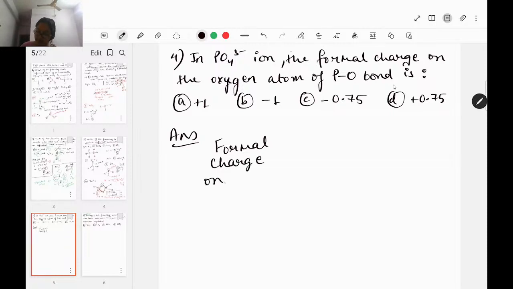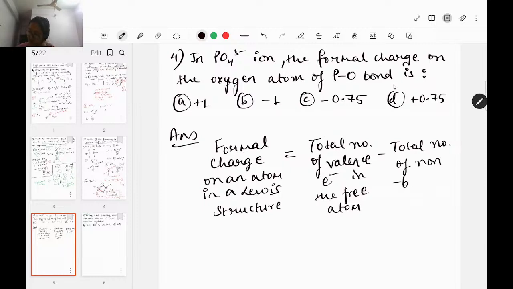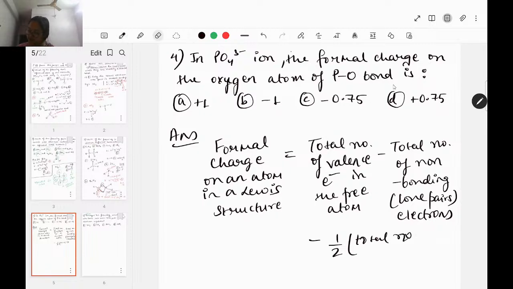Formal charge on an atom in a Lewis structure is equal to the total number of valence electrons in the free atom, minus the total number of non-bonding or lone pair electrons, minus half the total number of bonding electrons or shared pair electrons.